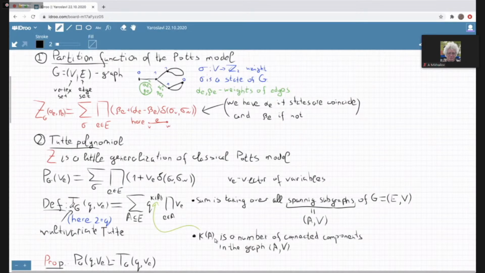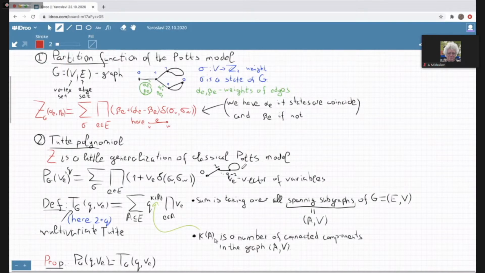Of course, you are right. So here should be Q, and here I allow my graph to have weights, vertices in my graph have weights from 0 to Q minus 1.